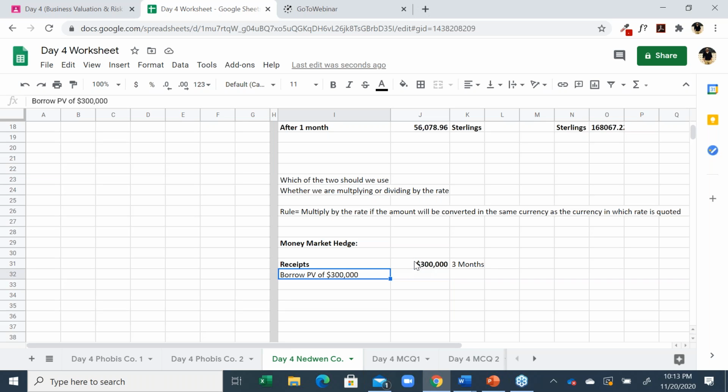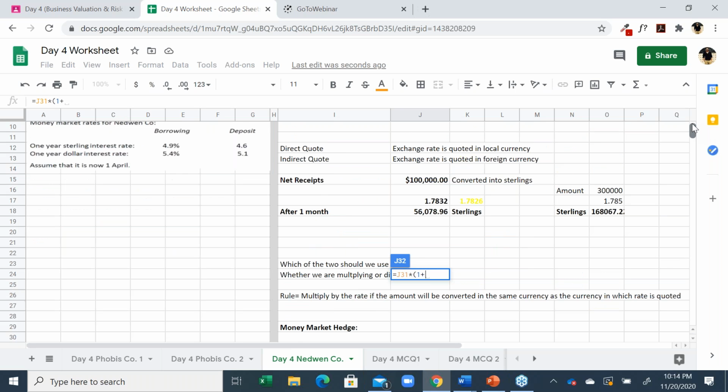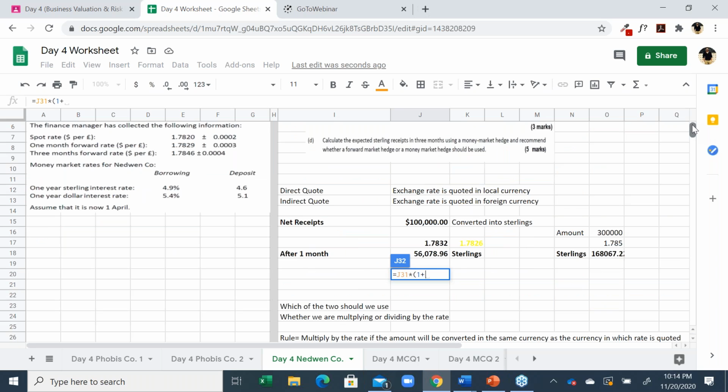So what should that be? Let's calculate present value. Present value will be calculated as S into 1 plus the rate. So what are we borrowing? Dollars or pound sterlings? Dollars. We are borrowing dollars. So we should go to the question and see what's the borrowing rate of the dollars. What is the borrowing rate of the dollar?